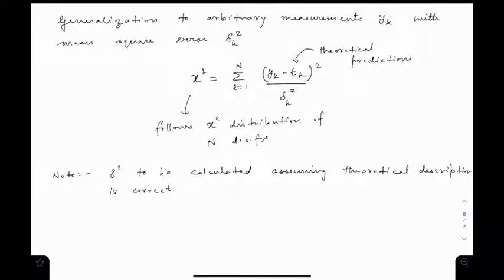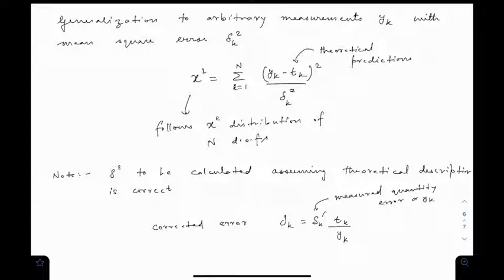For example, instead of ascribing to a measured quantity an error delta k prime, which is proportional to its value yk, a corrected error should be used.